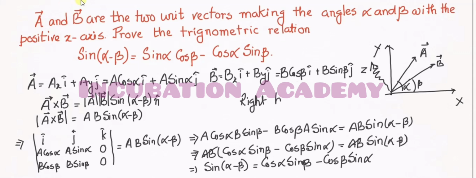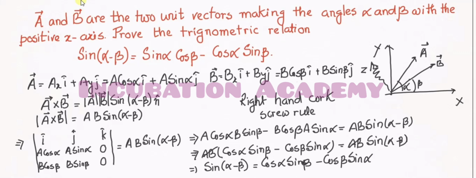According to the right hand corkscrew rule, if you want to find A cross B, then you have to place your hand on A first, then curl your right hand towards B. Then A cross B will give you the minus k cap.